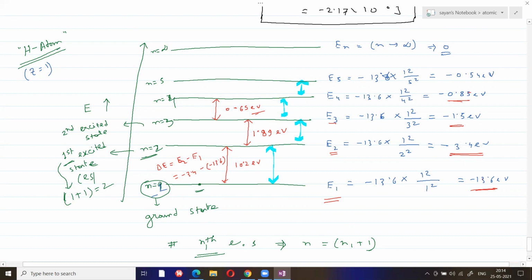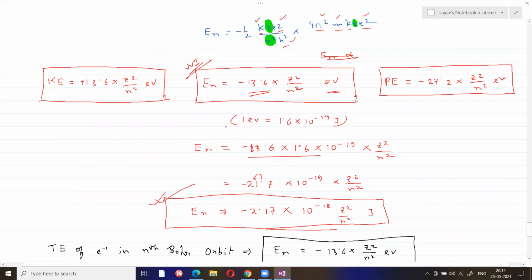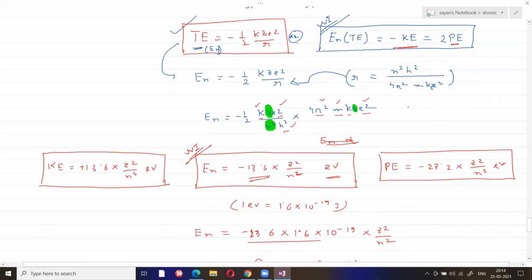Total energy increases, because minus 13.6 is the lower energy value. If you consider the minus sign, minus 3.4 is a higher value as compared to minus 13.6. So if the n value increases, the energy of the electron increases. If the energy of the electron increases, can I say the kinetic energy should be decreasing?